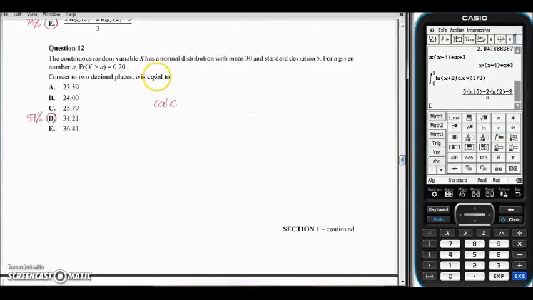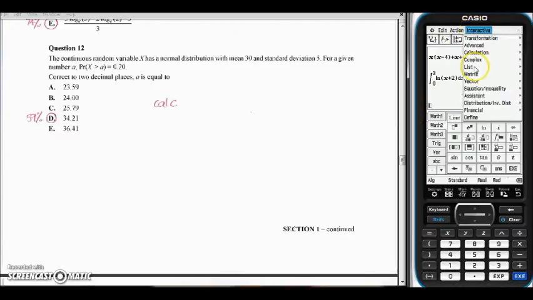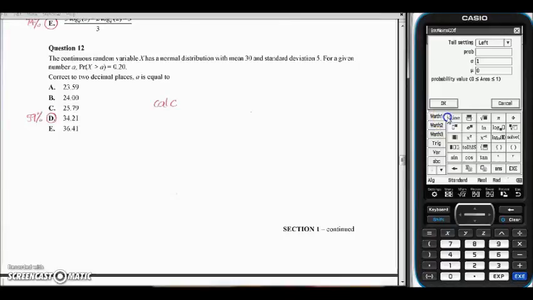Alright, question 12. We've got a continuous random variable, the normal distribution of mean 30, standard deviation of 5. Now the probability that x is greater than a is 0.2. Correct to 2 decimal places, a is equal to what? We want to use the inverse normal function here. So I like to use interactive for this. Interactive, distribution, inverse normal.